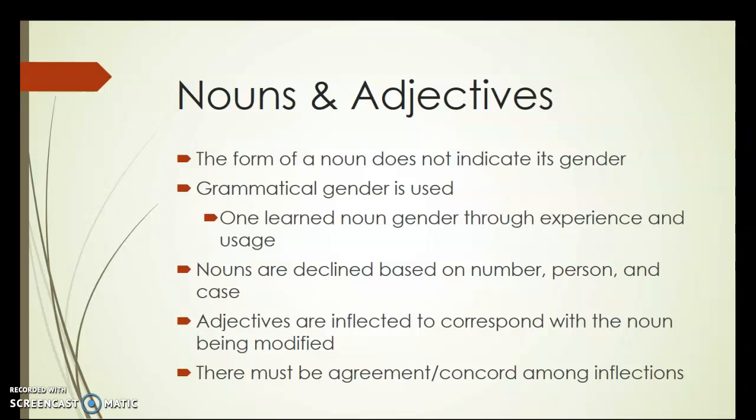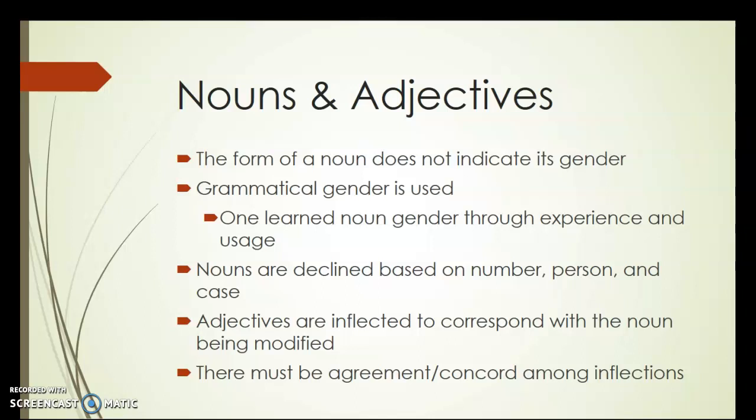In the Old English system, to make matters more complicated, grammatical gender and natural gender may be at odds. For example, using translations, of course, children is neuter, wife is neuter, woman is masculine. Though they aren't declined for gender, they're declined based on number, person, and case.